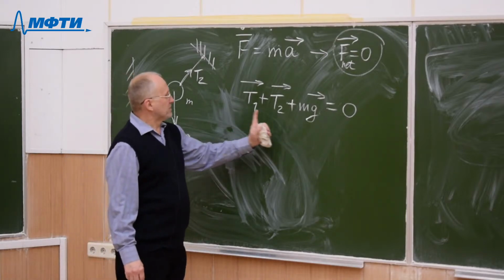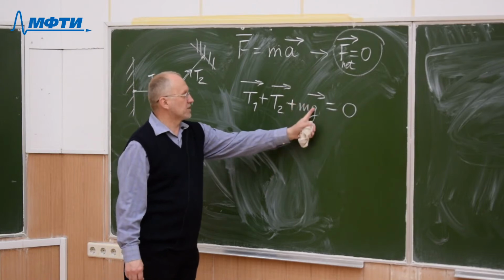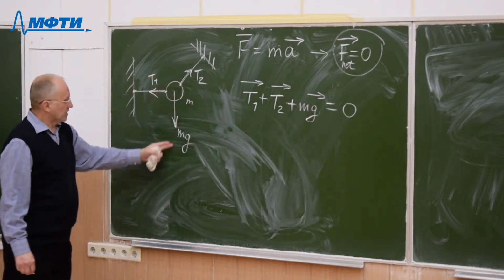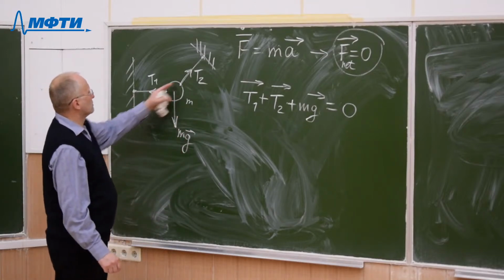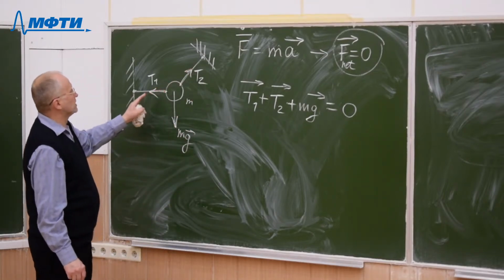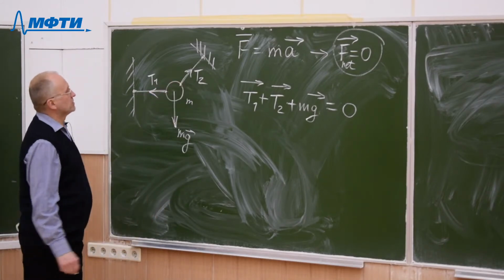Each term in this equation has its own magnitude and direction. We know the direction of G. It's indicated here. And we know the directions of these forces. We just don't know the magnitude. And we have to find the magnitudes of these two forces.